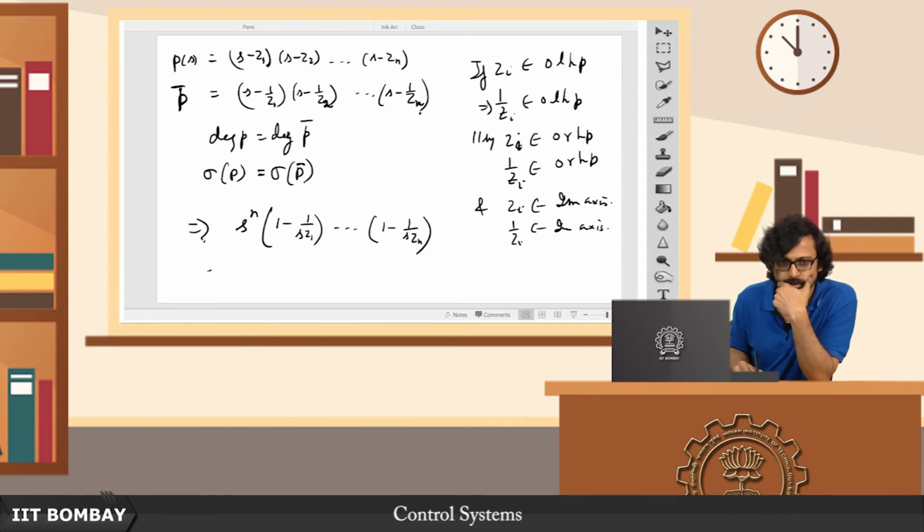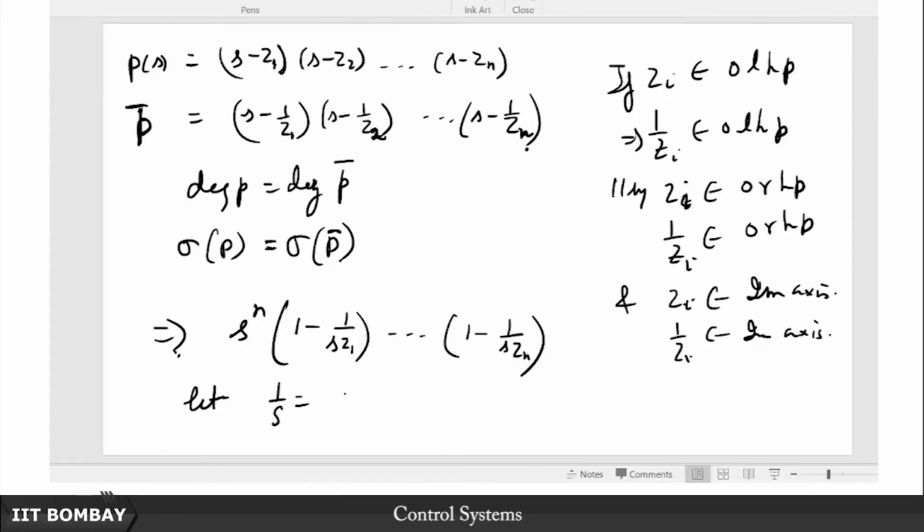Let 1 by s be equal to some other variable, let us say w. Now if you look for the polynomial in w, you will see that it is exactly the same as this p. So that is why this reverse polynomial has its coefficients in reverse order.